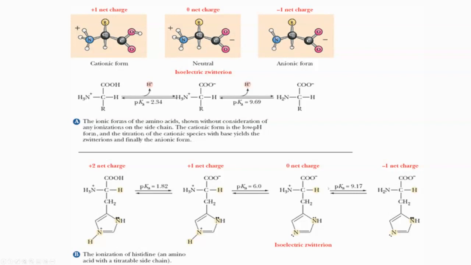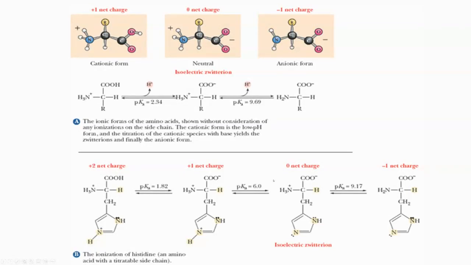And here's the example of histidine. Zero net charge: you have the amino group and carboxyl group. If you go to the right, you remove one hydrogen ion from the amino group, so it becomes NH2 and COO negative, a minus one charge.